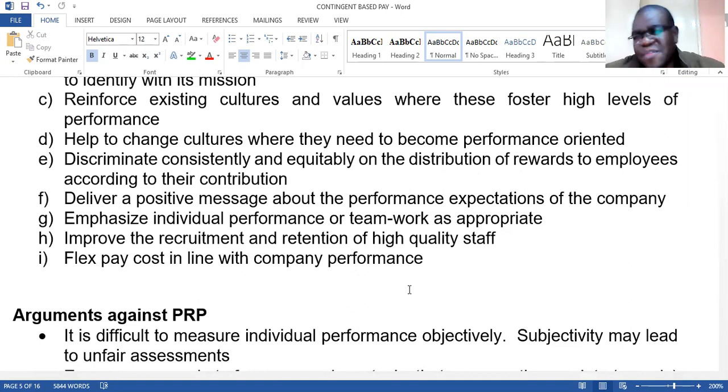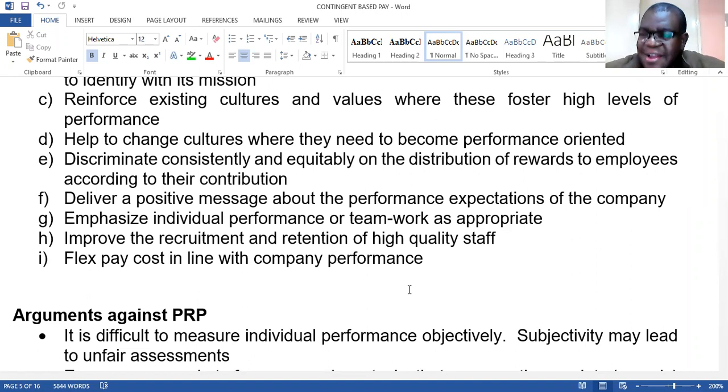They know the performance expectations and the rewards that will be rolled out. Emphasizing on individual or team, depending on the performance measures that are in place. Is our focus on team-based rewards or on individual-based rewards? PRP schemes must speak to that.